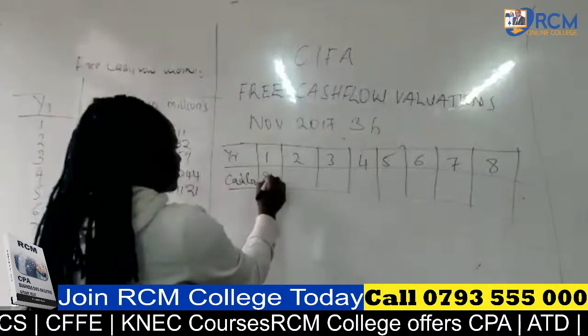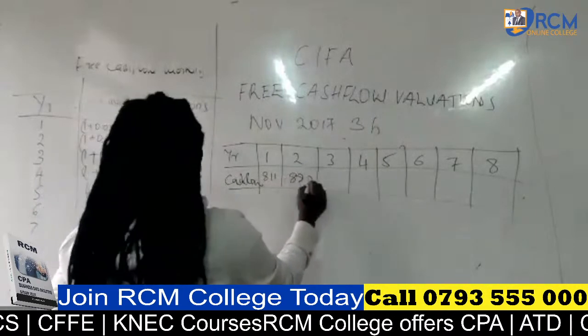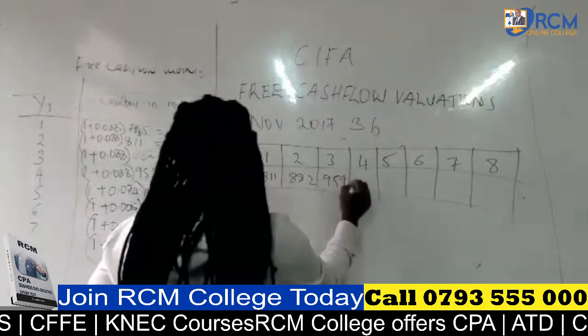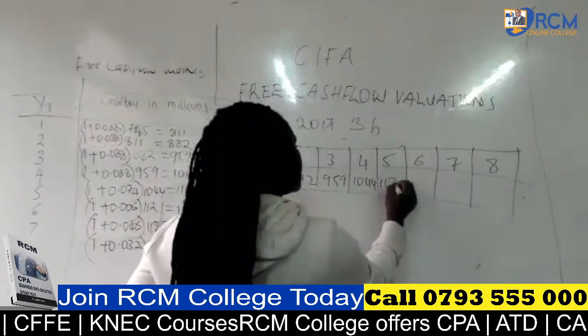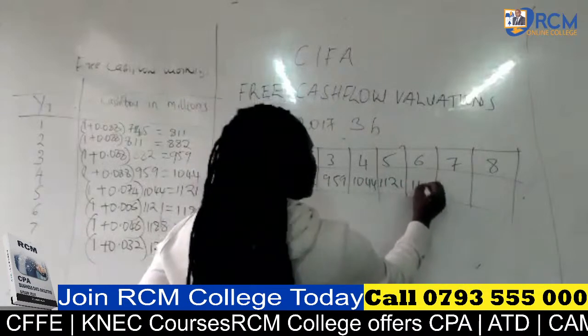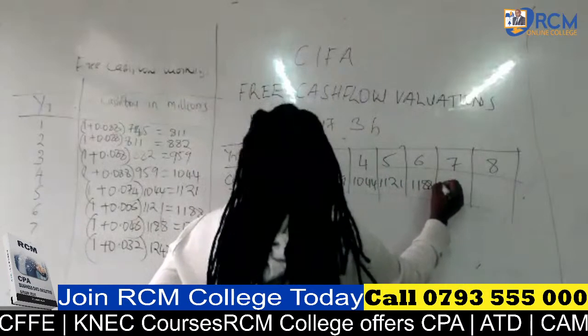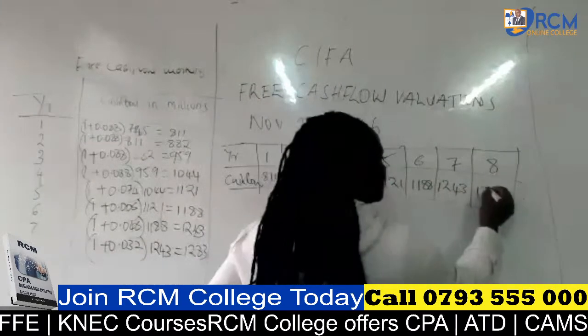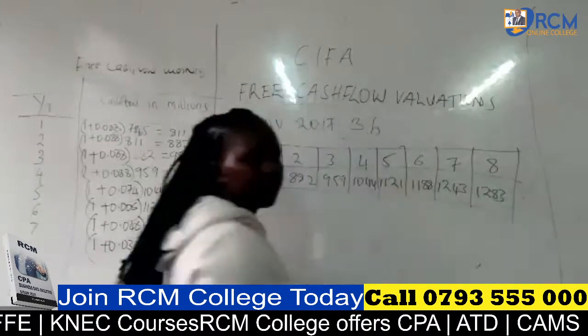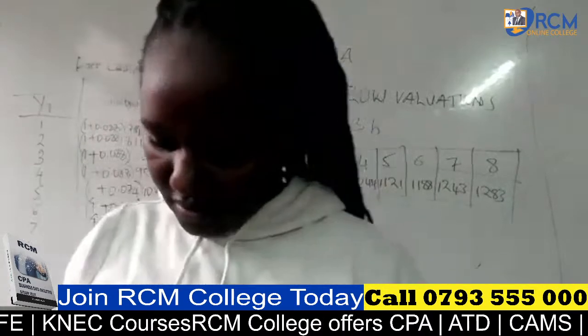So this is 811, 882, 959, 1044, 1121, 1188, 1243, then 1283. So we have our cash flows.